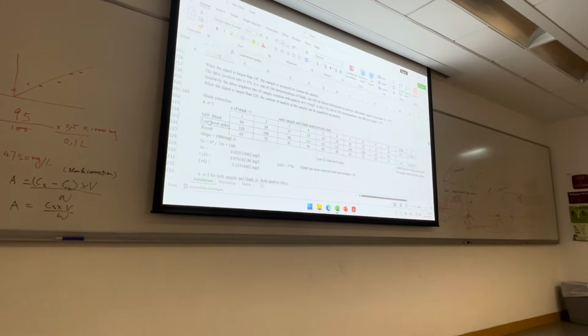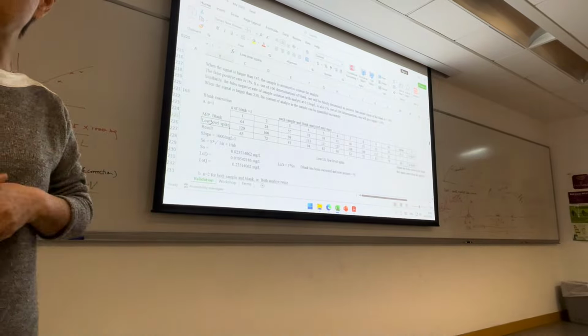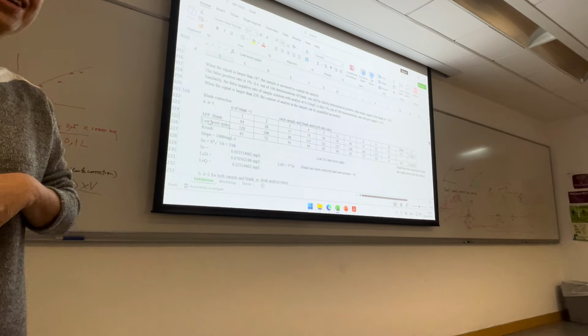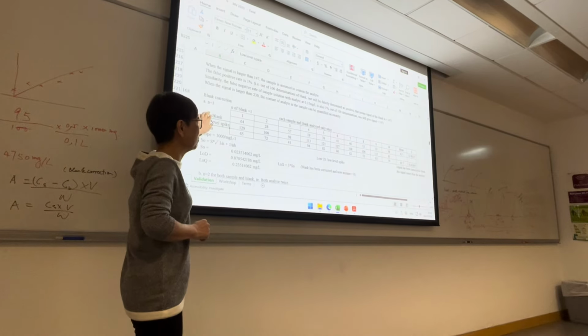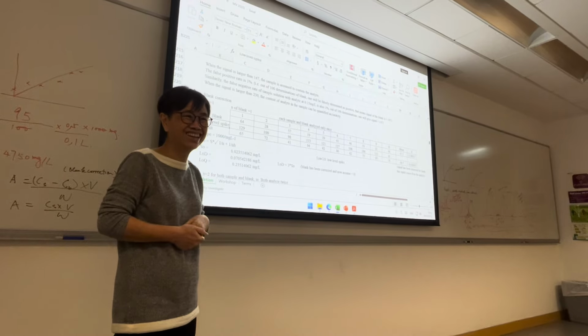And this is your sample or low-level spike. I can't use procedure blank. Why? You must use low-level spike, otherwise you can't determine the LOD. If this is procedure blank and this is also procedure blank, you will cancel everything.